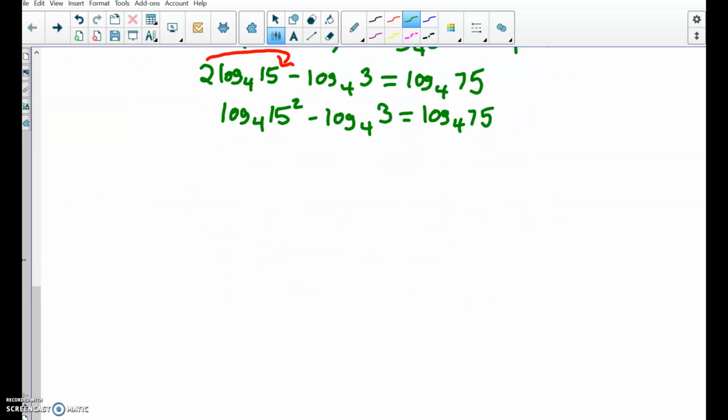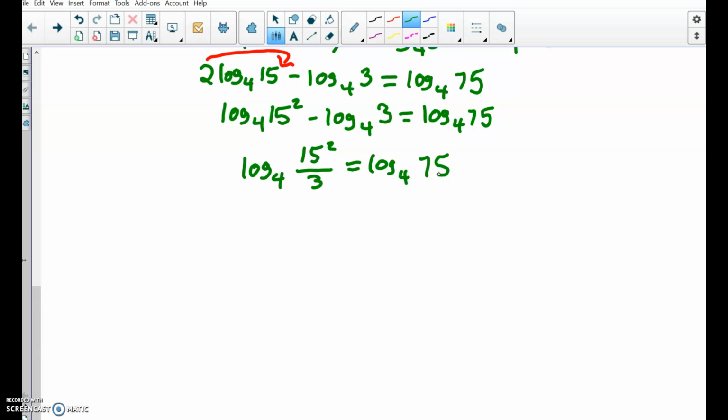Okay, then the left-hand side we can consolidate using the quotient rule. So log, or we can do 15 squared at any time too. But let's do the quotient rule next. So log base 4 of 15 squared over 3 is equal to log base 4 75.